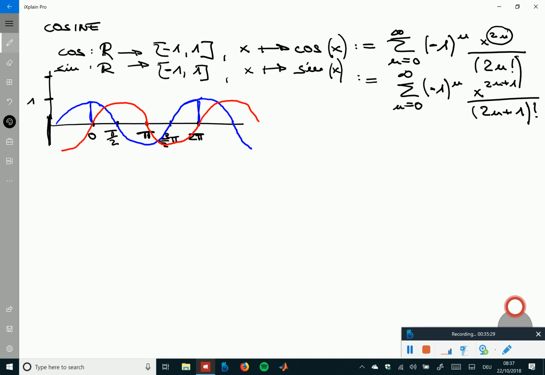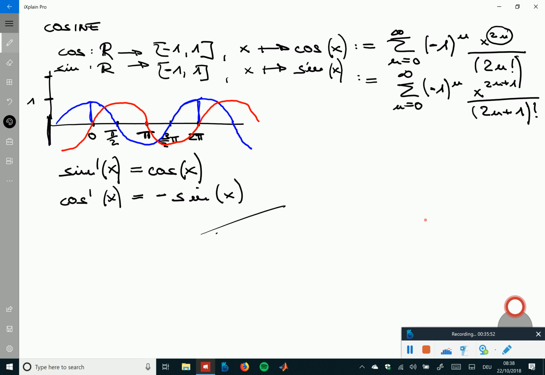One thing we will also need actually is the derivatives of sine and cosine functions. So you also remember that the derivative of the sine function is the cosine function, and the derivative of the cosine function is minus the sine function. So from a mathematical perspective, of course, this all would need to be proven based on the definition.